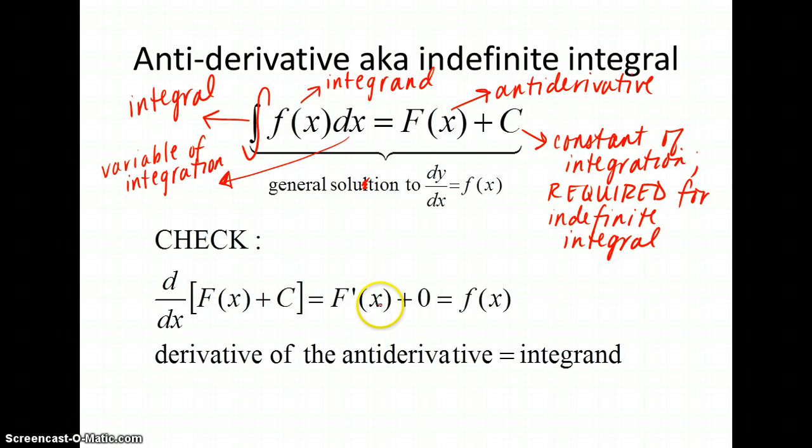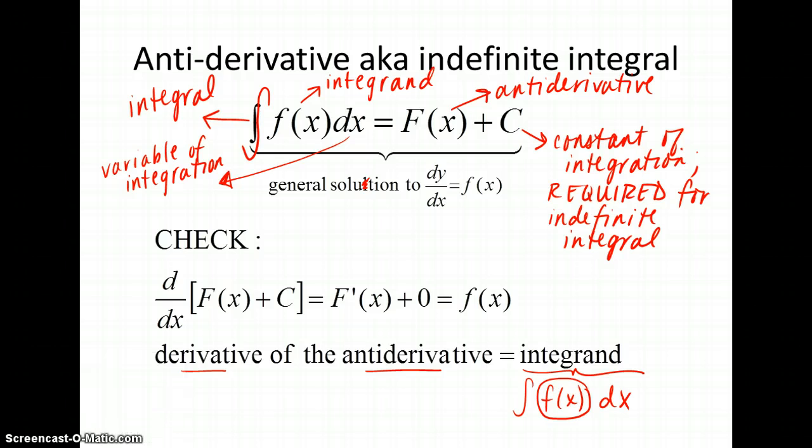F prime of x plus 0. The derivative of a constant is 0. And by definition of antiderivative, F prime of x is equal to little f of x. So in words, the derivative of the antiderivative had better equal the original function that we started with. What's the integrand? That's what's inside the integral.